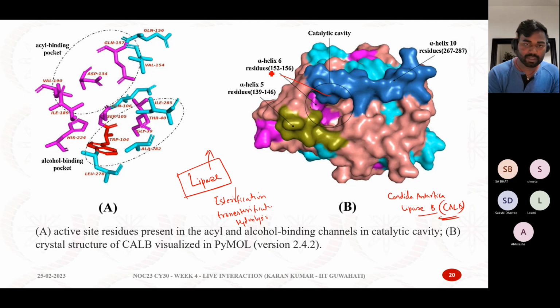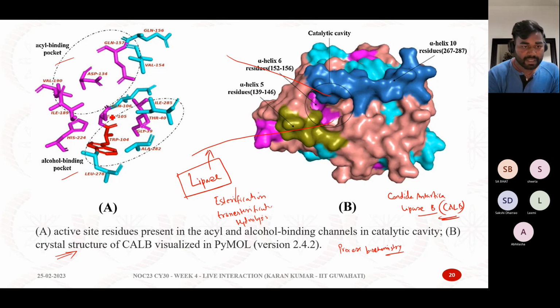If you zoom out, you will see CAL has this particular kind of structure. This research was done by me, and this work was published in the Process Biochemistry journal, where I deduced the different binding pockets: the acyl binding pocket and the alcohol binding pocket.